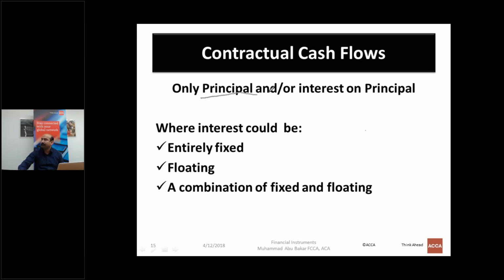Contractual cash flows should be only principal, or it could be interest plus principal. Here you can see that in case of convertible, the inclusion of conversion option failed the contractual cash flows criteria.